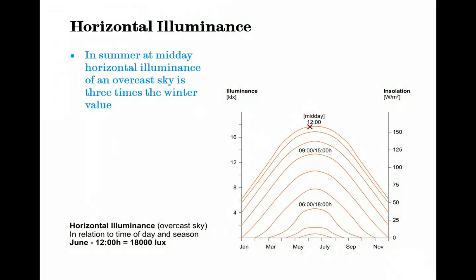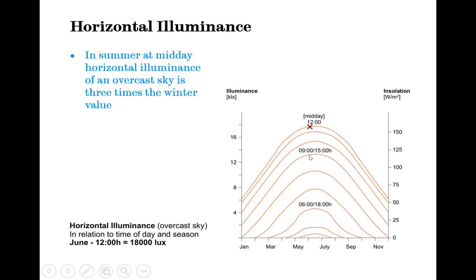So this is a graph looking at the illuminance that we achieve in the UK from an overcast sky. We're talking about a cloudy sky with no direct sunshine. The key issue from this graph is to reinforce that in summer, at midday, the horizontal illuminance from the overcast sky is 3 times that of winter.